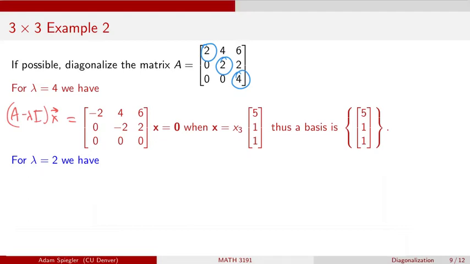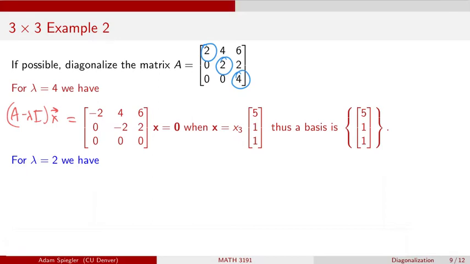And so there should be at least some non-trivial solutions because 4 is an eigenvalue. And I will leave the linear algebra work for finding a solution set here to you, but you can verify that for the solution set to this equation, we have one free variable, x3, so we can write solutions to this equation in the form some scalar x3 times the vector 5, 1, 1.